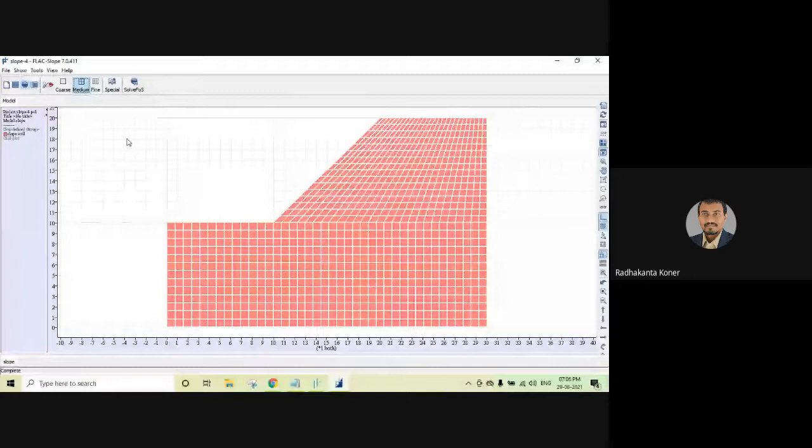So if you count it, 1, 2, 3, up to 40. So 40 grids are used.